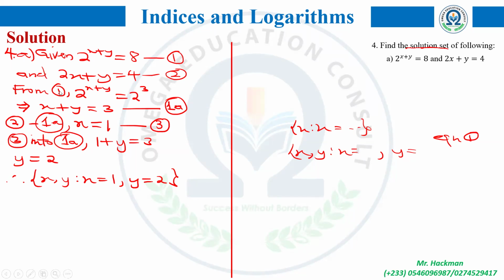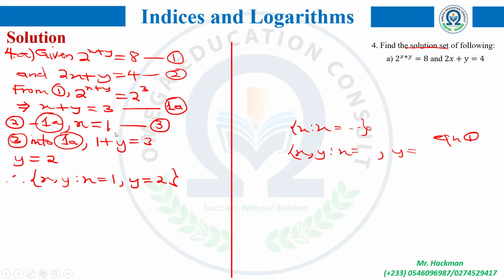So here, because we were looking for x, and we realized that we were supposed to work on equation 2 and equation 1a, we could have done equation 1a minus equation 2. In that case, when you subtract, it will be x minus 2x, which will give you minus x. Once the coefficient of x is negative, when you are finding x, you have to divide by negative. So that will be one more step. But if you do the other way around, when we subtracted, you saw that we had the x value straight away.